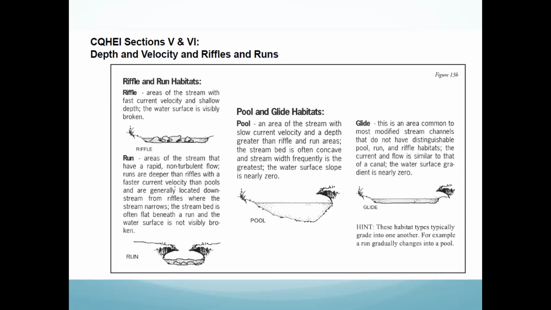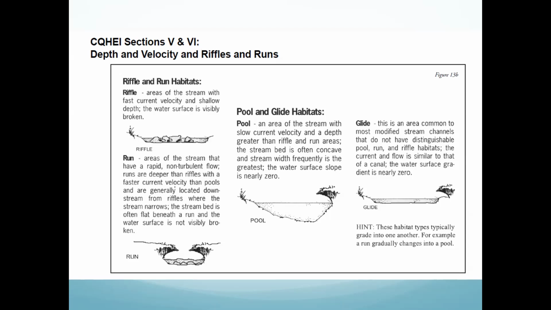And this is compared to the pool habitats, which are very deep or relatively deeper, and they typically do not have flow. The areas in between there are called the runs. So these have a bit of flow transitioning from a riffle to a pool, but they're kind of an intermediate depth, and you don't see that broken water surface.